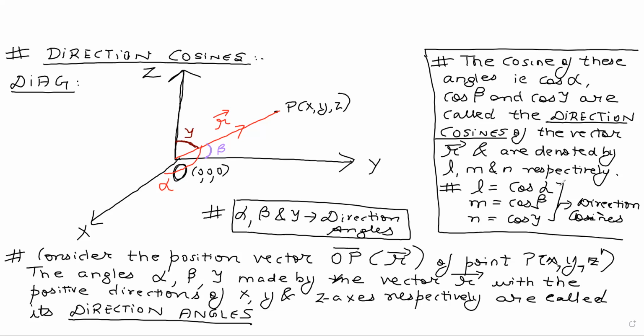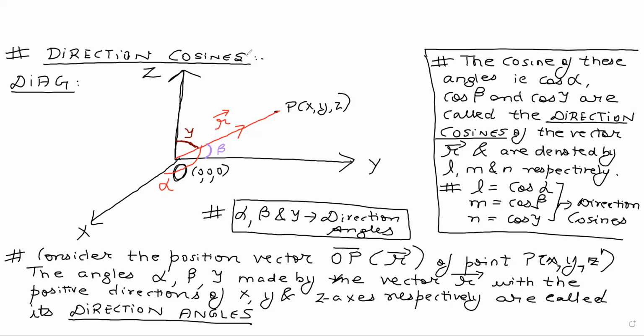Alpha, beta and gamma are the direction angles. L, M and N are the direction cosines. I hope that students have understood the concept of direction angles and direction cosines.